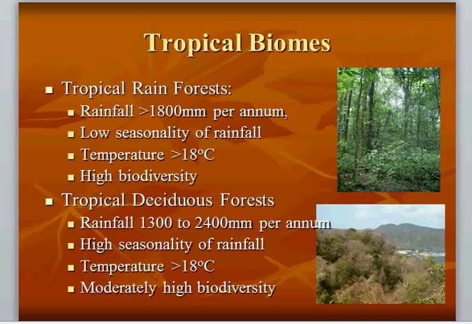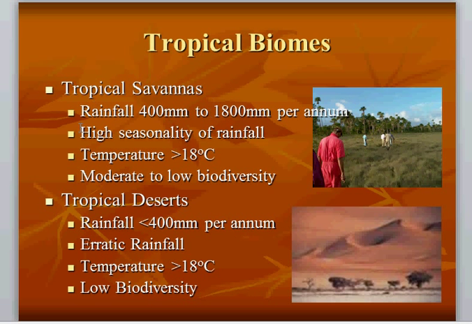They will also have a very high seasonality of rainfall. Temperatures, again, are at about or above 18 degrees Celsius, very similar there, and they have moderate to low biodiversity. The high seasonality of rainfall promotes burning and fires in many areas, and that's why we'd have savannas and not tropical dry forests.